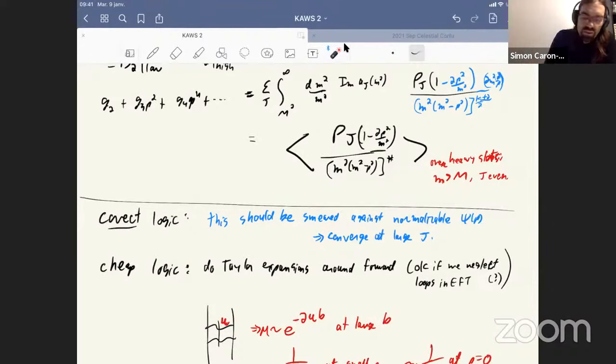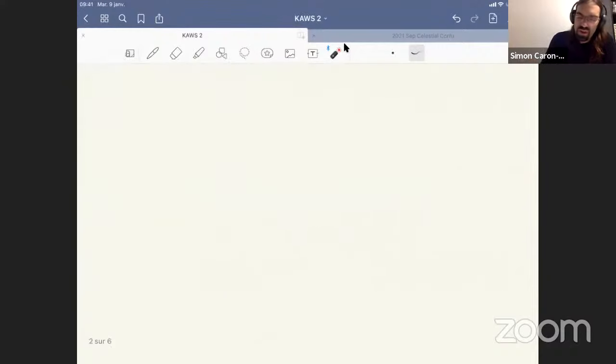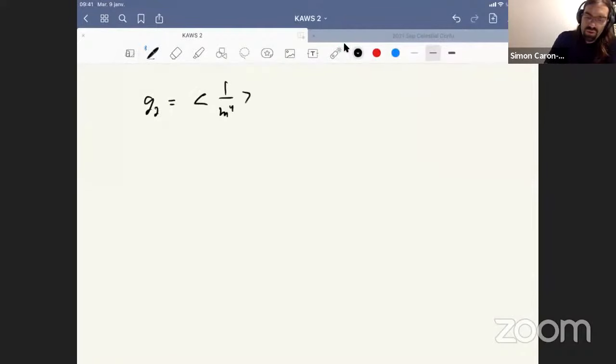But when you expand around the forward limit, if you just take P equals 0, you get that G2 is the average of 1 over M^4. So the sum rules you get look like this. G2 is equal to the average of 1 over M^4.